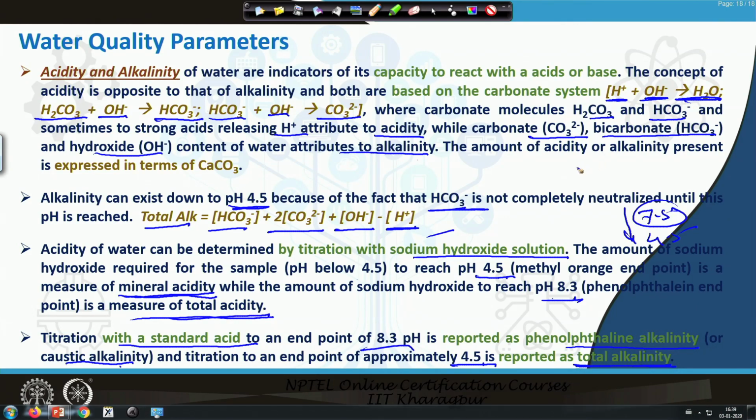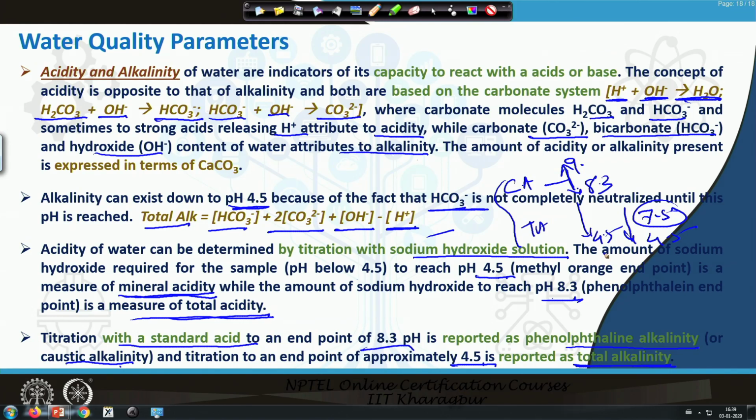But if we have water of pH 9, then when we bring it from pH 9 to pH 8.3, this portion reflects the caustic alkalinity, and then when we bring it again to pH 4.5, the combined will give us the total alkalinity.